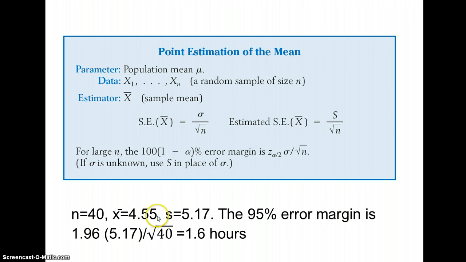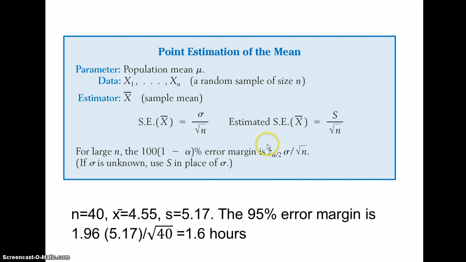The worst case is you add 1.6 or subtract 1.6, and that is going to be the actual population mean. And of course, you are 95% confident. You will never be 100% confident. I guess usually the best is 99% confident. So that is how we find the error margin.